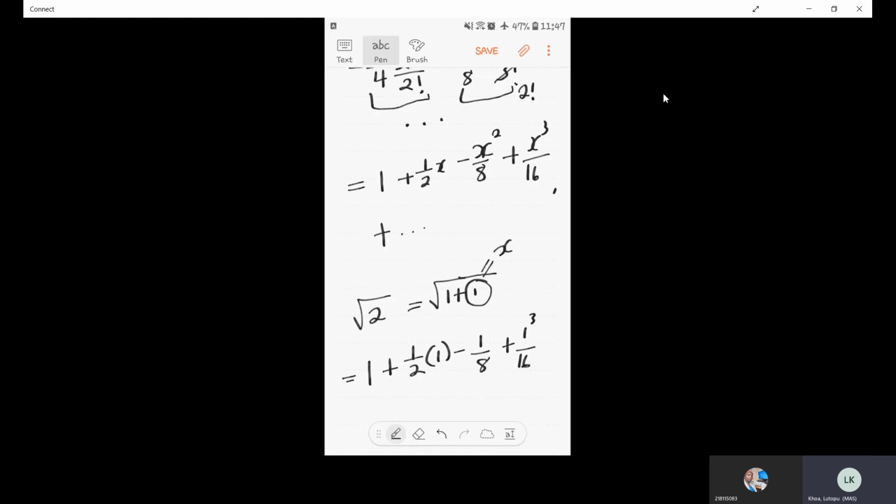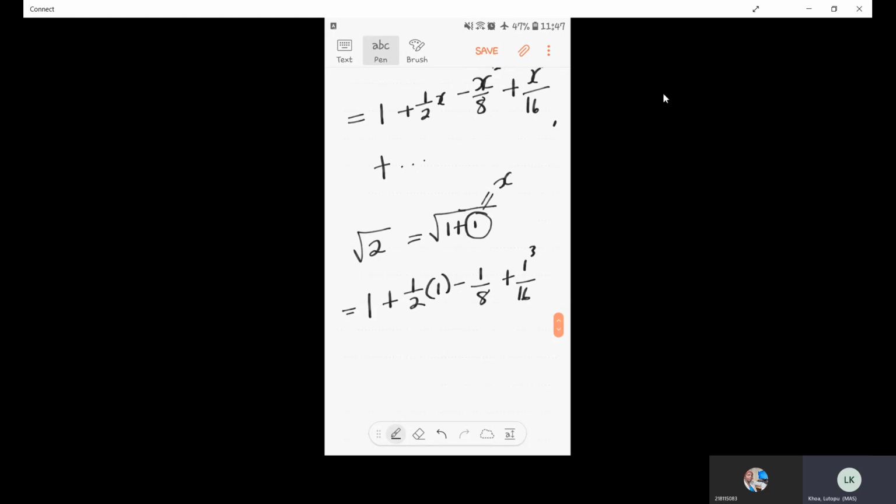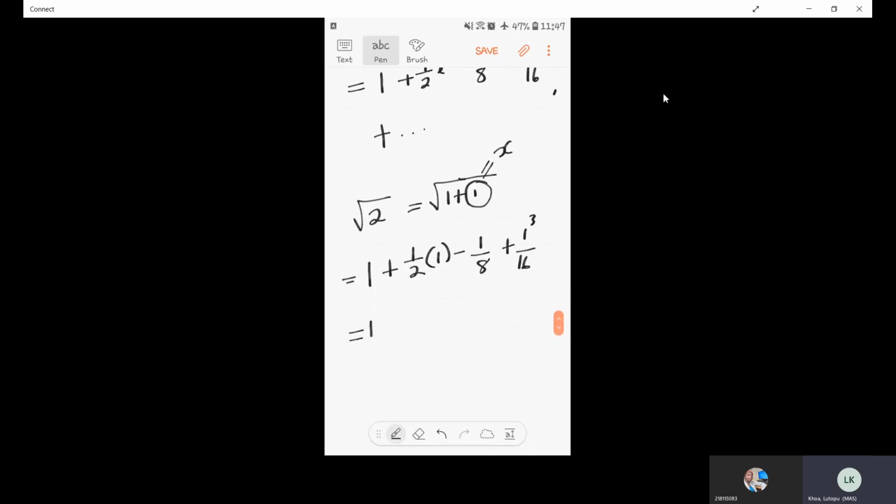So if we do that on our calculators, we have 1 plus a half, minus 1/8 plus 1/16, and this gives me 1.4375. Now the actual value of square root of 2 is 1.414213, and it continues.